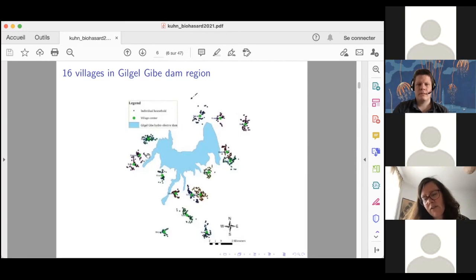Also, the dam is quite big, so maybe mosquitoes are not present in the same way in all regions of the dam. I know that there was a study with a joint model taking into account some mosquito density also. Okay, thanks.